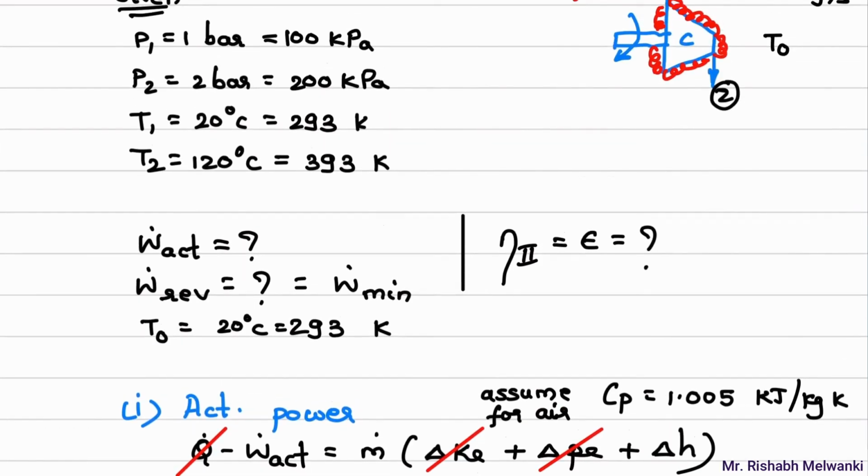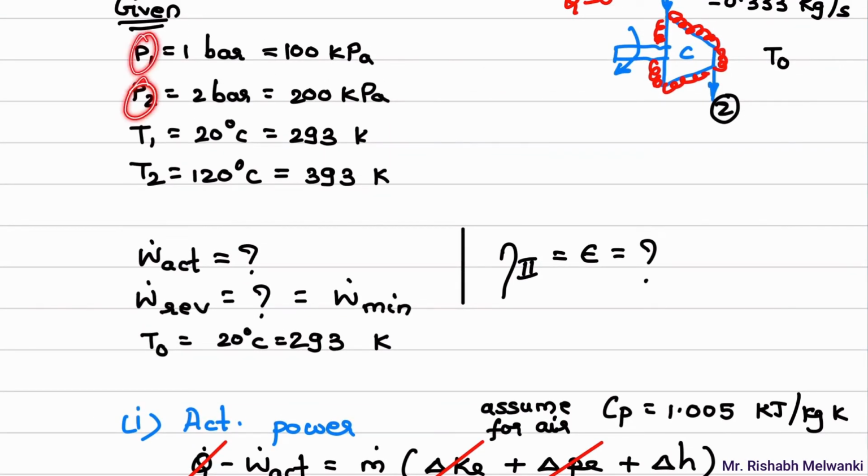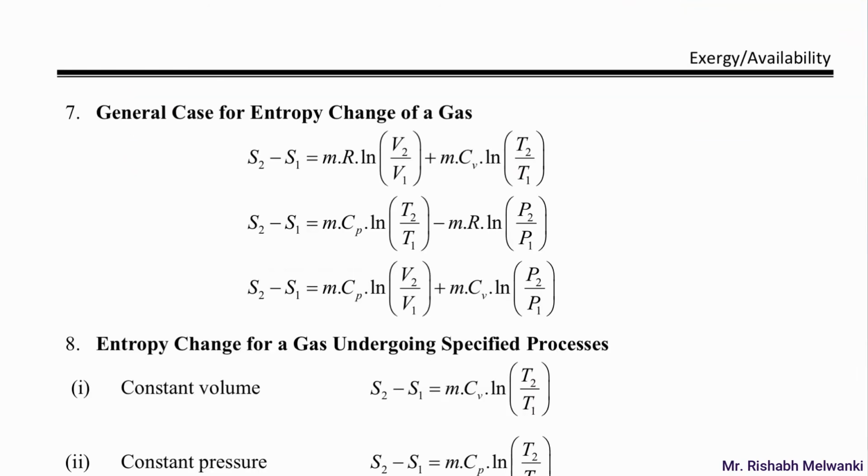Pressure is given for point 1 and point 2, and temperature is given. So whatever change of entropy equation we use should have pressure and temperature terms. Out of these three equations, think and tell me which equation we have to use.